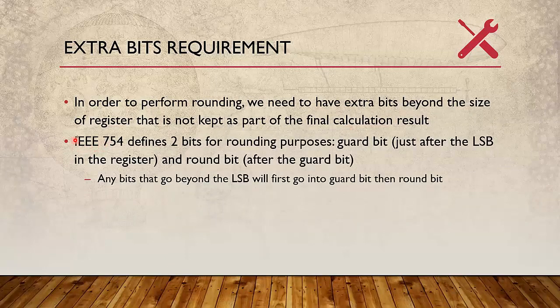For that reason, the IEEE 754 standard defines two bits for rounding purposes. They are called the guard bit and the round bit. The guard bit is the one just after the LSB of the register, and the round bit is after the guard bit. Any bits that go beyond the LSB will first go into the guard bit, then the round bit.